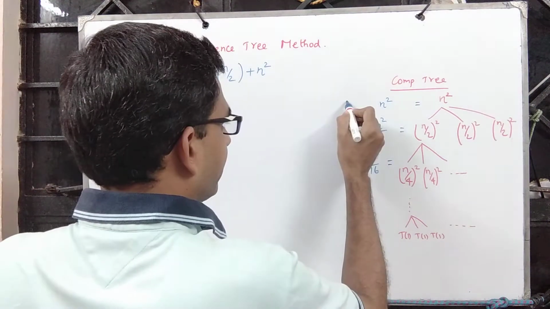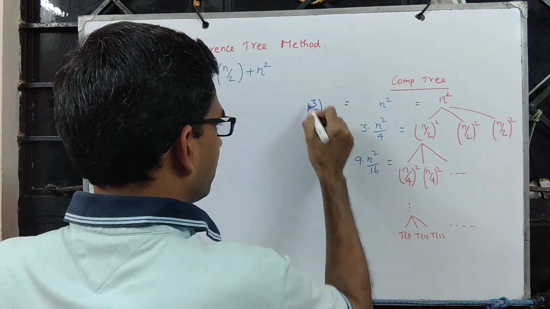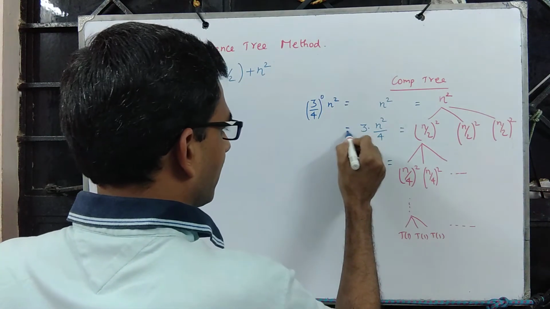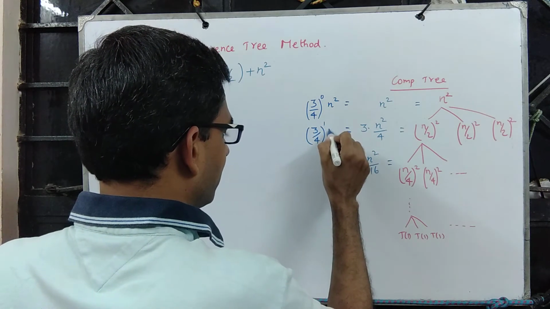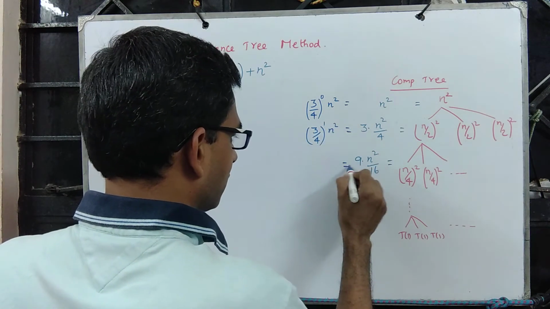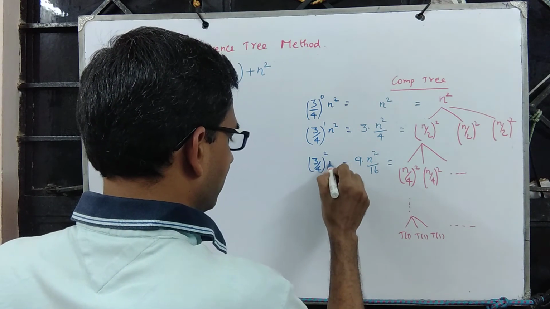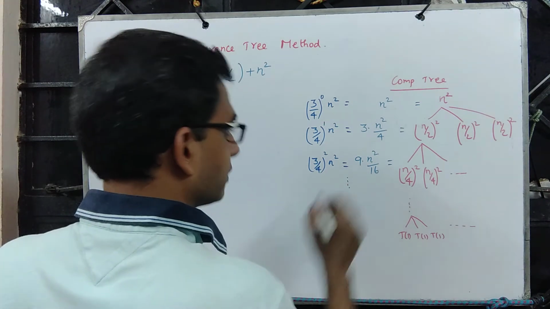So this can be written as 3 by 4 to the power 0 times n square. This one is 3 by 4 to the power 1 times n square. This one is 3 by 4 to the power 2 times n square. Like that it goes.